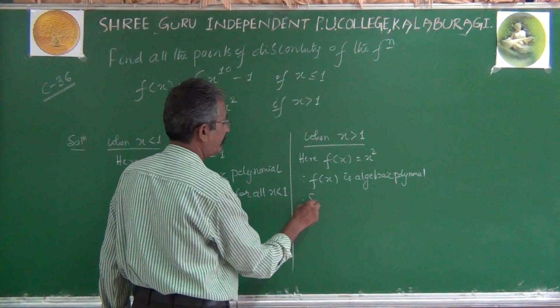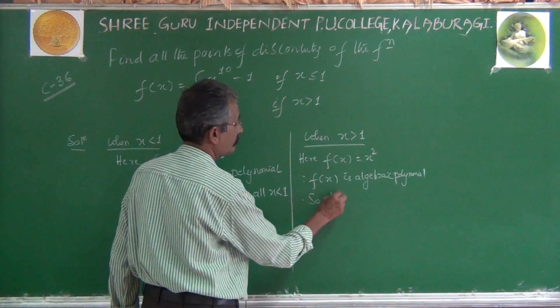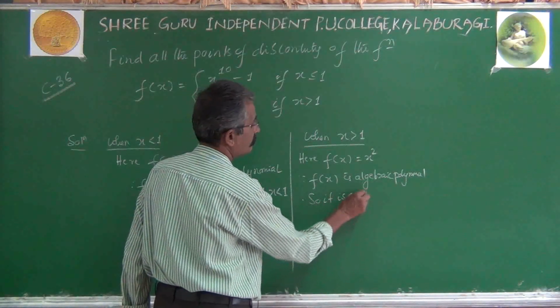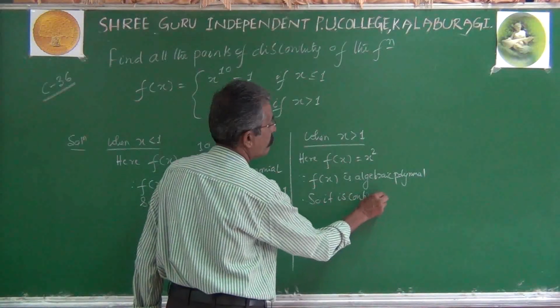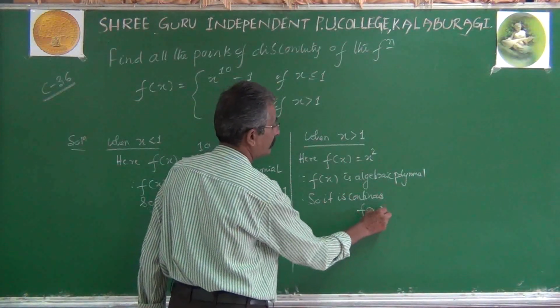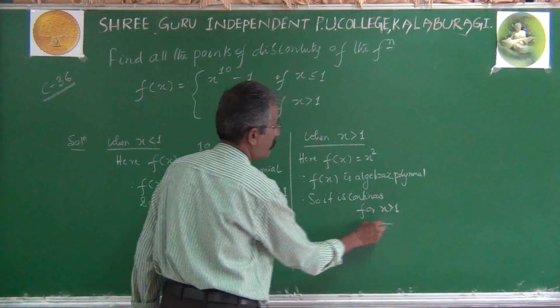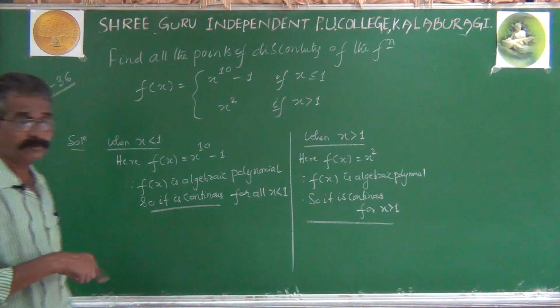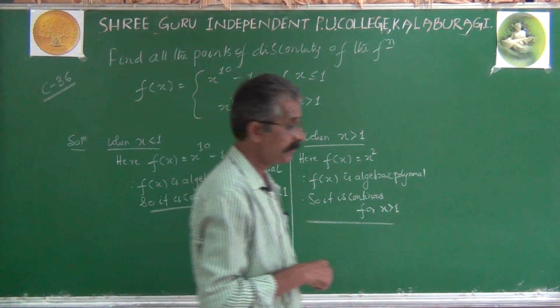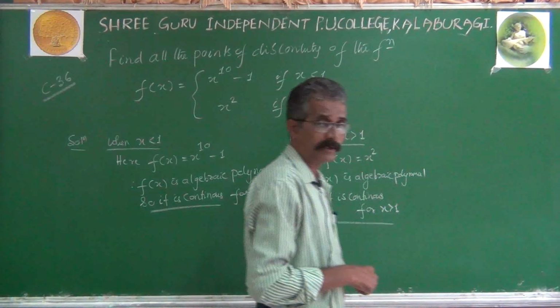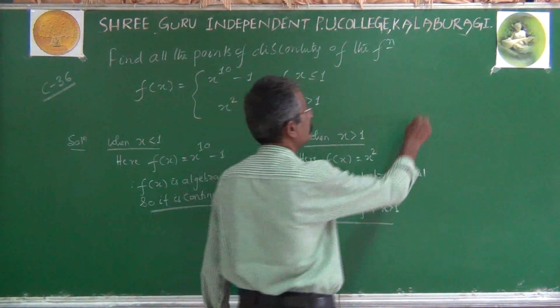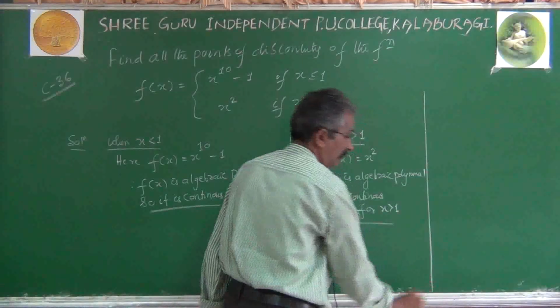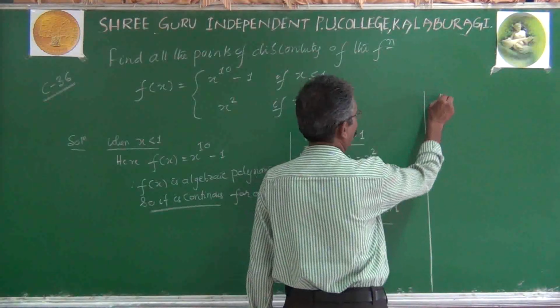So it is continuous for x greater than 1. Now, for x less than 1, continuous. For x greater than 1, continuous. What is left is x equal to 1.